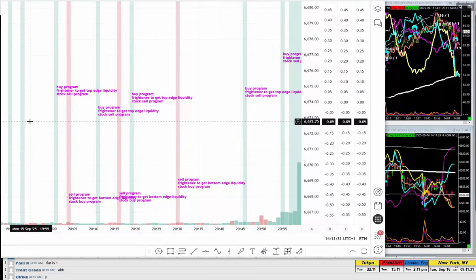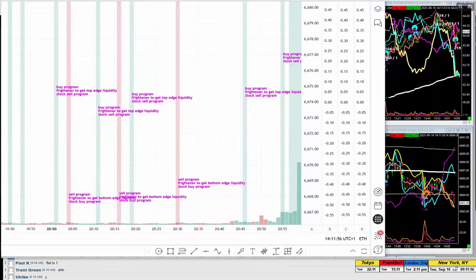So we should be able to tell the stock buy programs and sell programs because there should be a mega divergence available against the indexes. That gives us a good idea that what we're seeing in the index is a stock buy program or sell program kicking in from a few minutes ago, or from the previous 60 seconds if you're on a 1 minute chart.